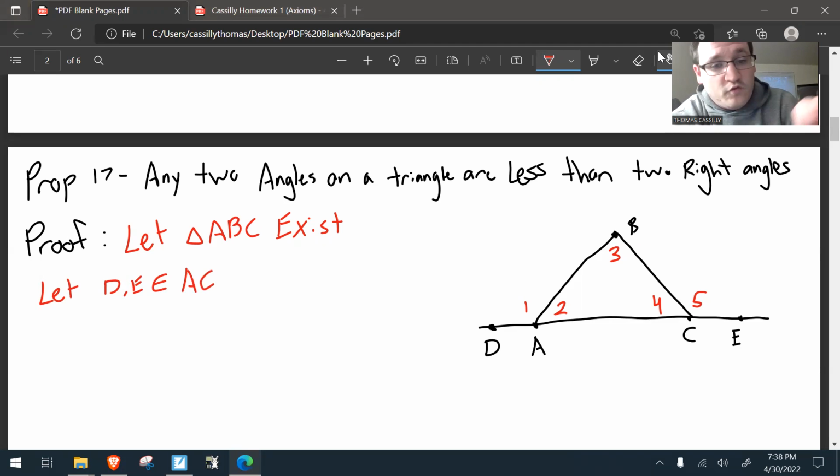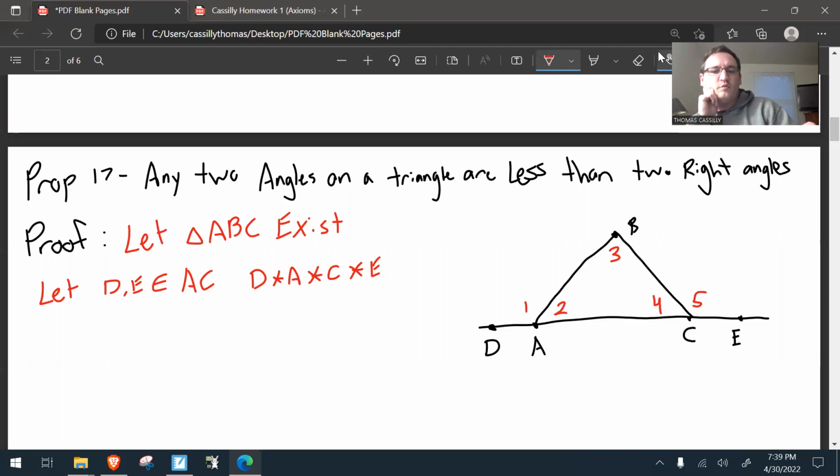We draw them such that D-A-C-E, so essentially D and E are on the outside of segment AC. A is between D and C, and C is between A and E.